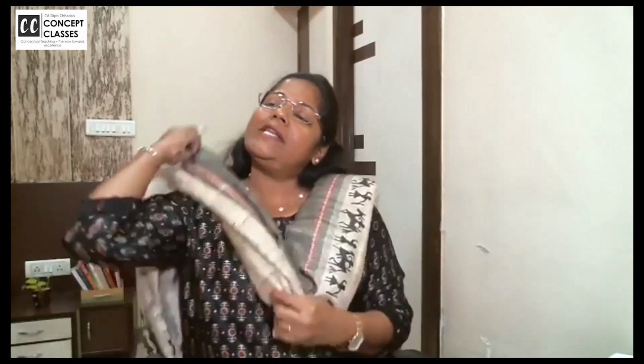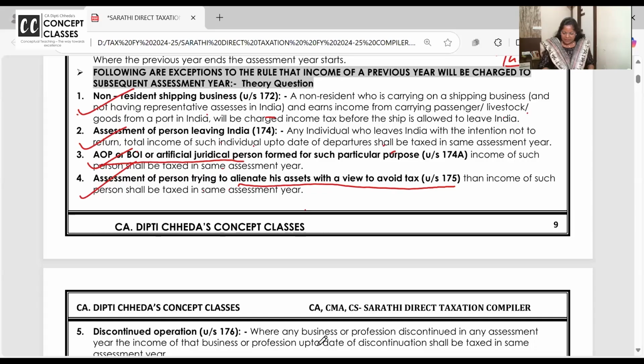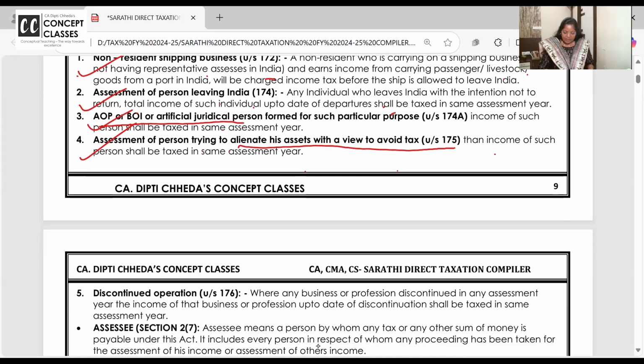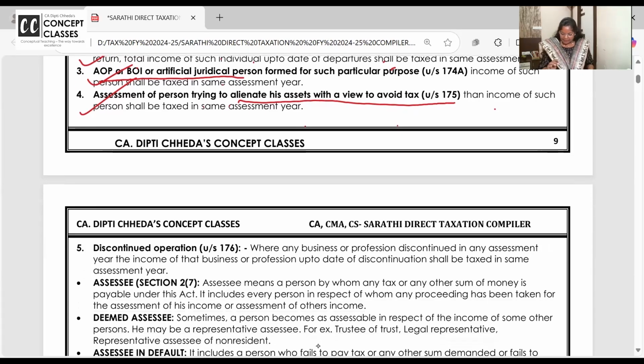So whenever the department feels that a person is trying to alienate or divert his assets, because he knows the income tax people will come, attach his assets, sell off and recover their money, then in the same year only they can ask the person to pay the tax first, and then sell the property. That's the right of the income tax officer. Read it once again together: assessment of a person trying to alienate his asset with a view to avoid tax. So the income of the same person will be assessed in the same year.